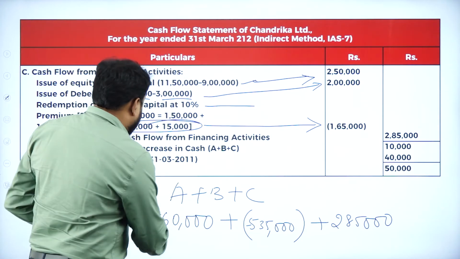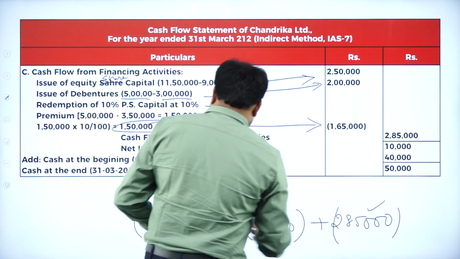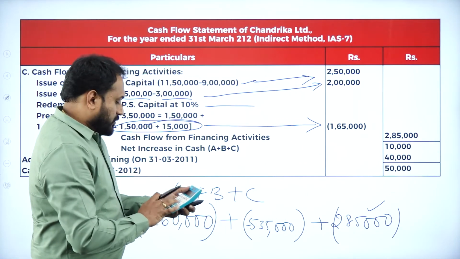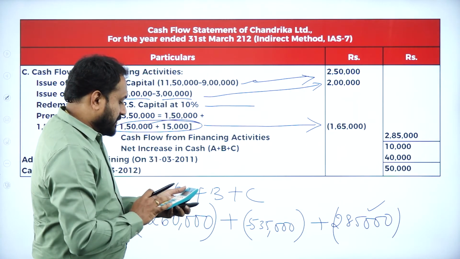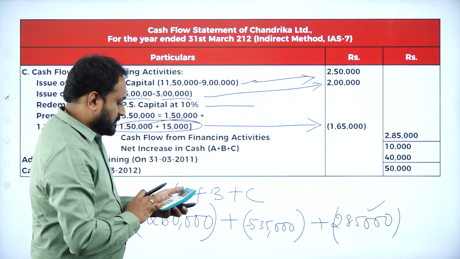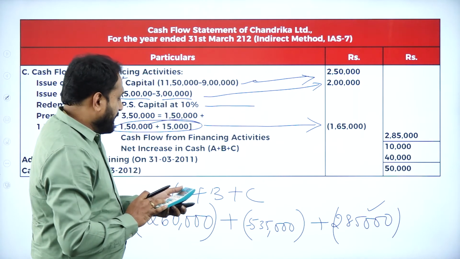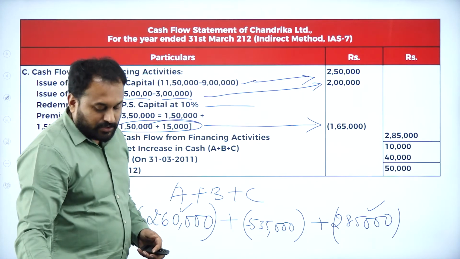First we add these two: 2,60,000 plus 2,85,000 is equal to 5,45,000. Minus 5,35,000, we get 10,000.